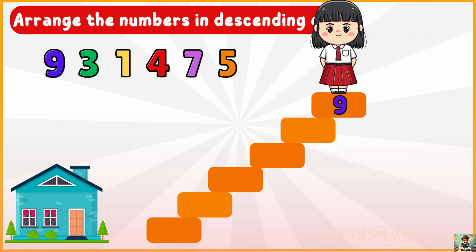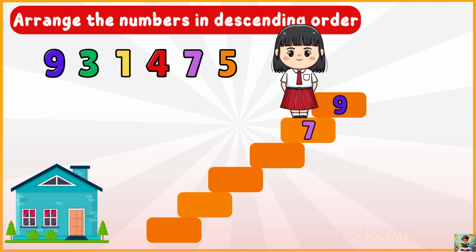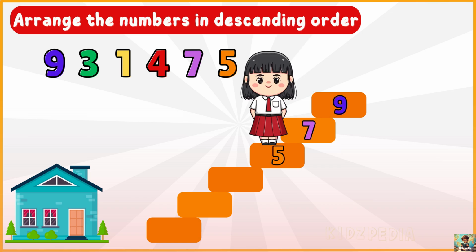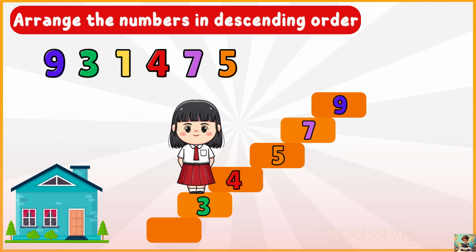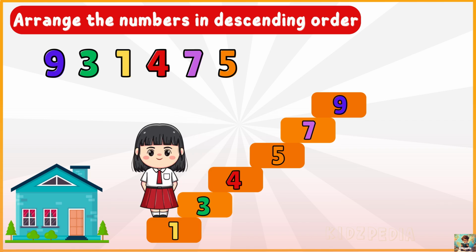9. And then comes 7. And what's next? 5. Then 4. Then comes 3. And last we have 1, which is the smallest number.